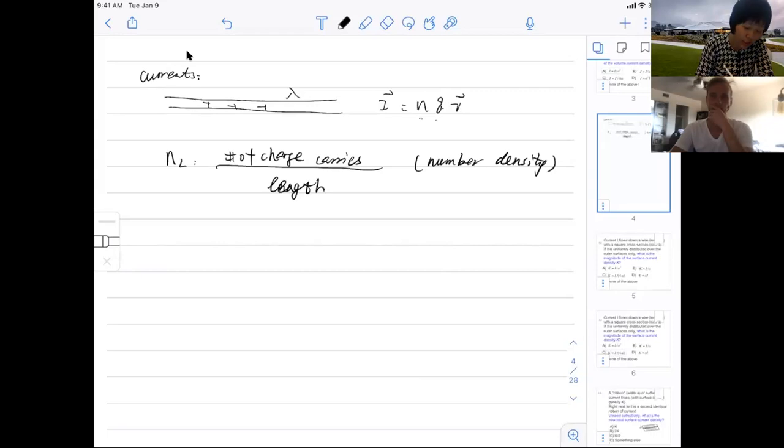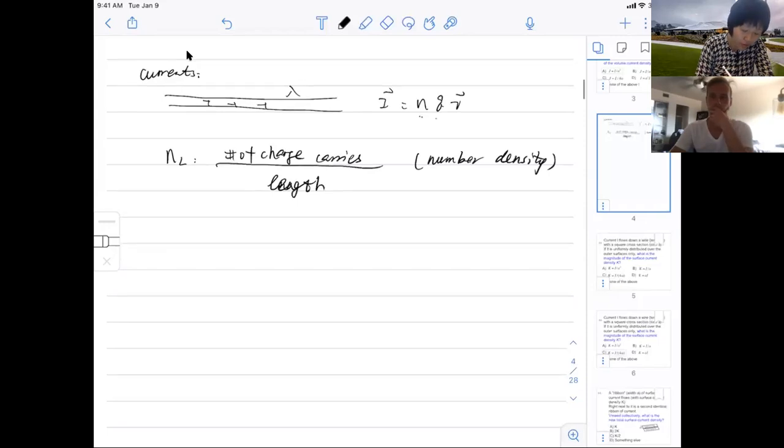If you were interested in the force collectively on a chunk of wire, so if you look at a section of these and you want to see what the force is, the Lorentz force is QV cross B for one single charge.